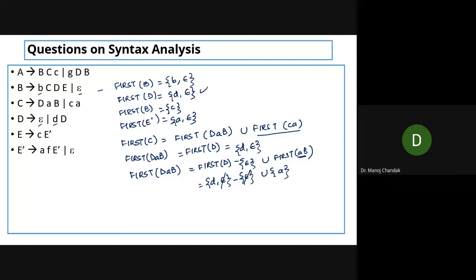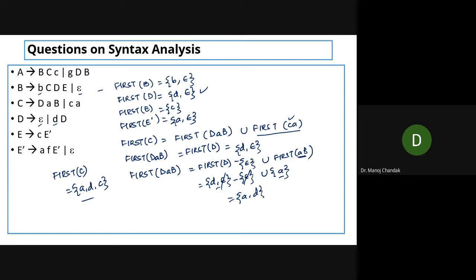So this epsilon gets cancelled and you get ad, okay, this a and this d, right? And one c. So you can very easily write first of C will be equal to what? Yes, are you getting this now? Harshad, first of C will be equal to first of CA, ADB, and C: A, D, and C. Okay.